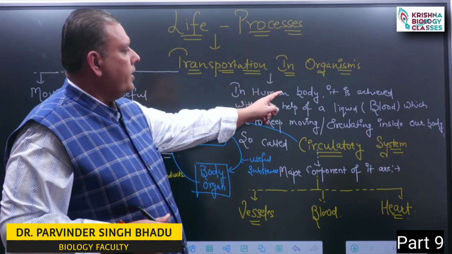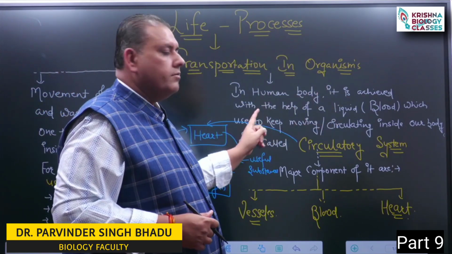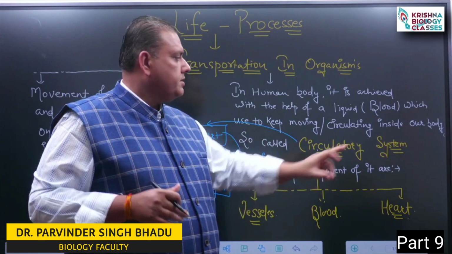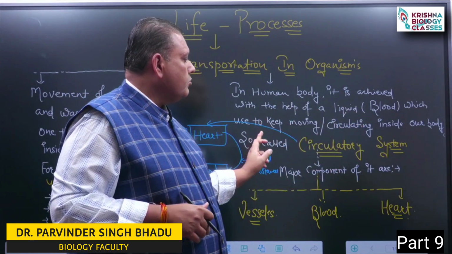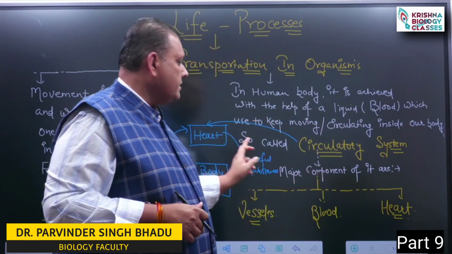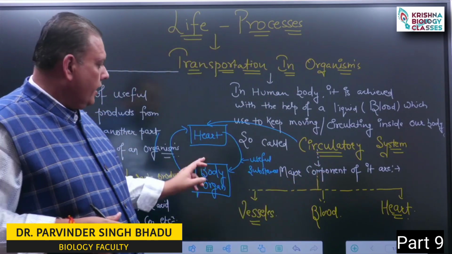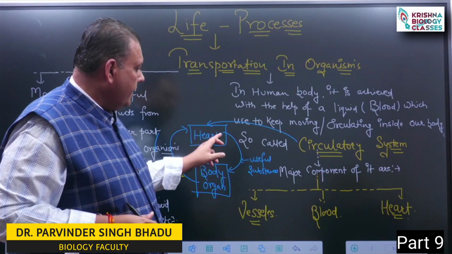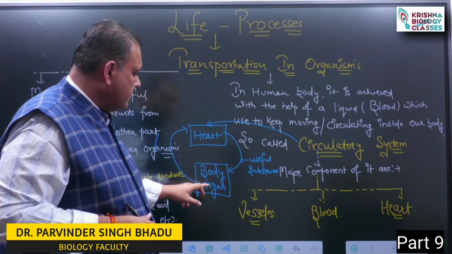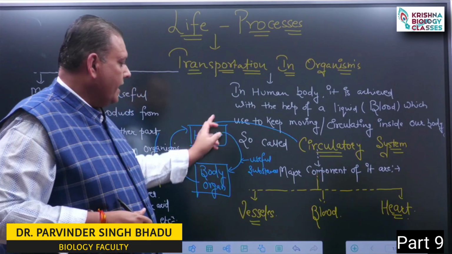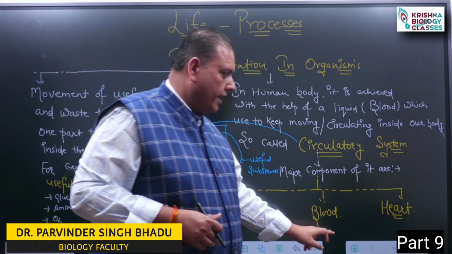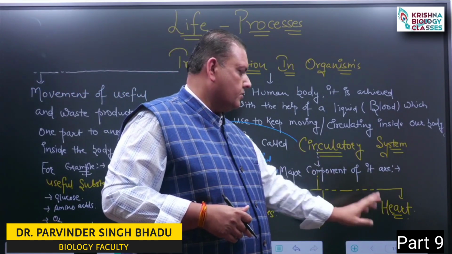So in the human body, this transportation is achieved with the help of a liquid named blood, which keeps moving inside our body. This system is called the circulatory system. In this system we require a closed tubular structure, which is our vessel, a liquid, which is our blood, and a pumping organ, which is our heart.